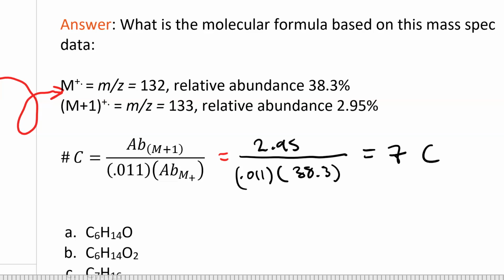Which gives us 7 carbon atoms. So if we have 7 carbon atoms, 7 times 12 equals 84, and 132 minus 84 is 48.